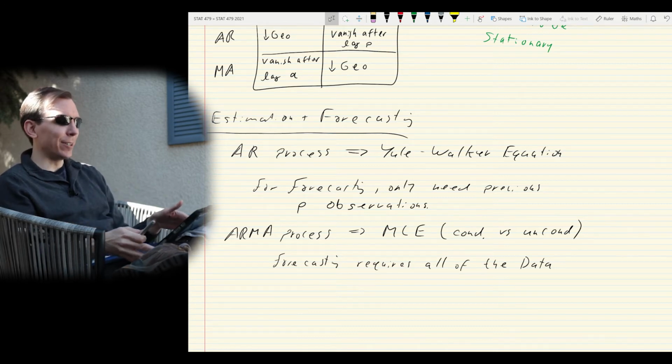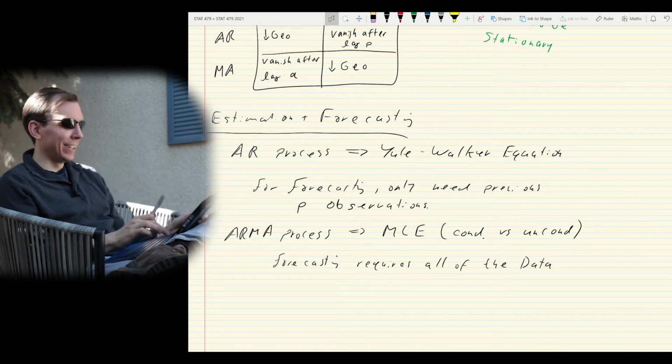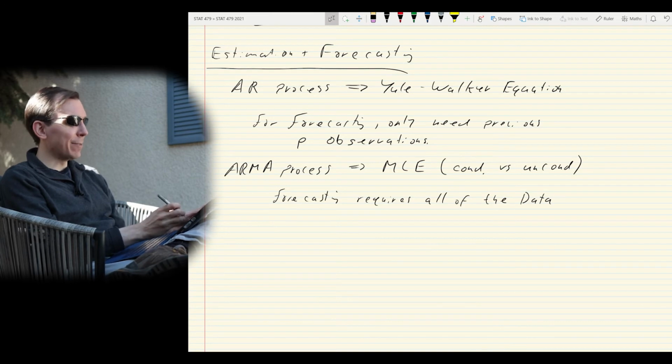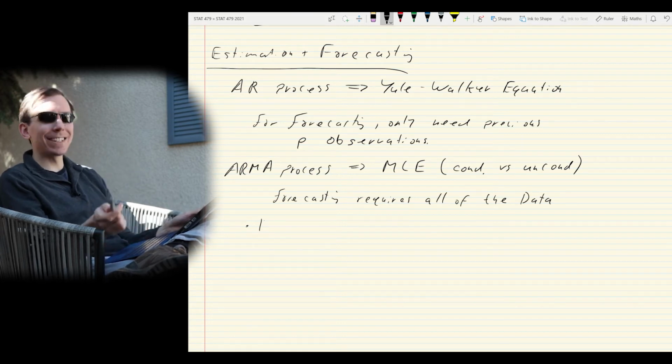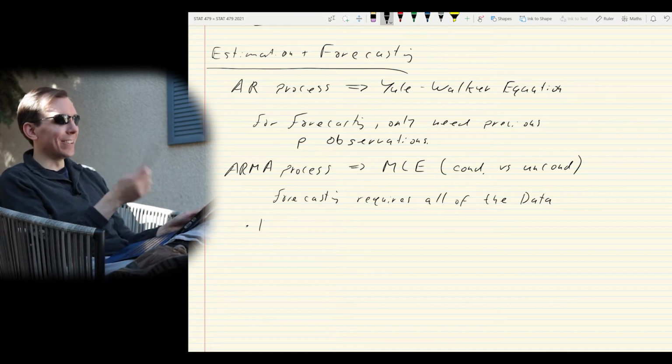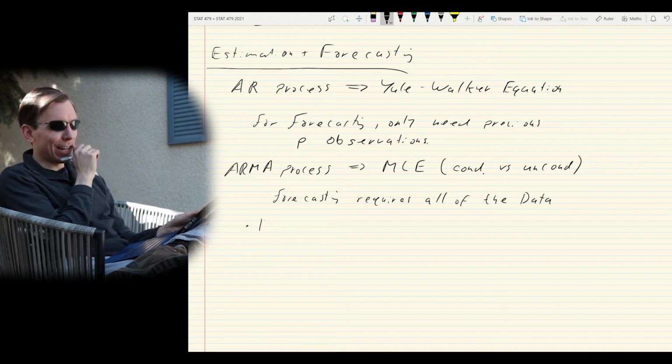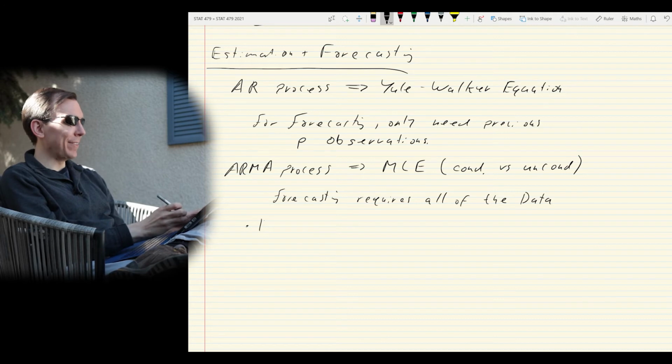Yeah, we had, I guess, what was it? Durbin-Watson and the innovations algorithm. Or no, Durbin-Levinson. I always get that backwards. Durbin-Watson was the statistical test from before for our residuals. Durbin-Levinson, or Levinson-Durbin.